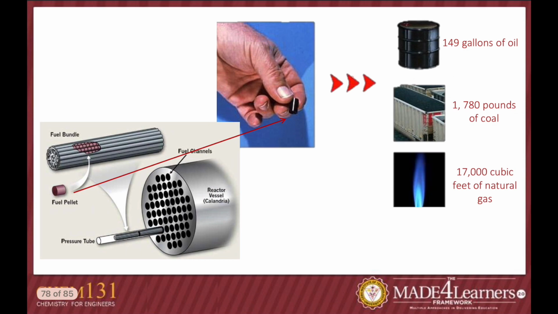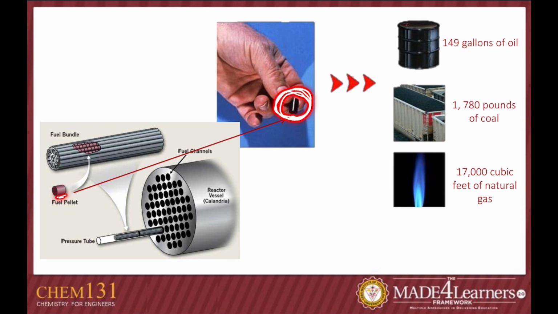The fuel rod used is not actually just a rod of fissionable material, but it actually looks like this, and inside are fuel pellets. The fissionable material is this small.